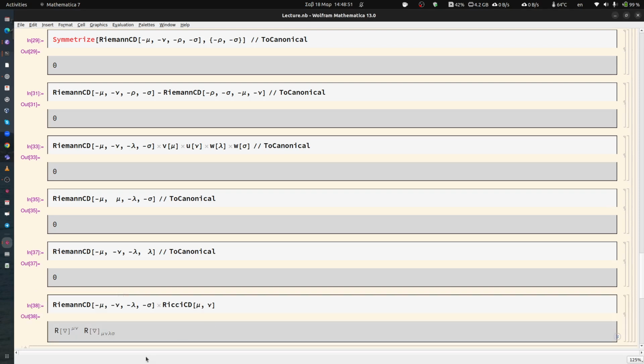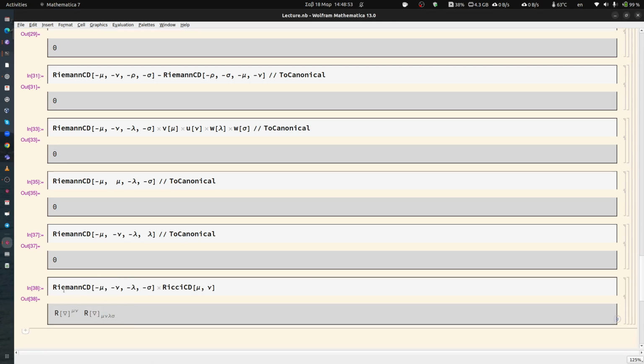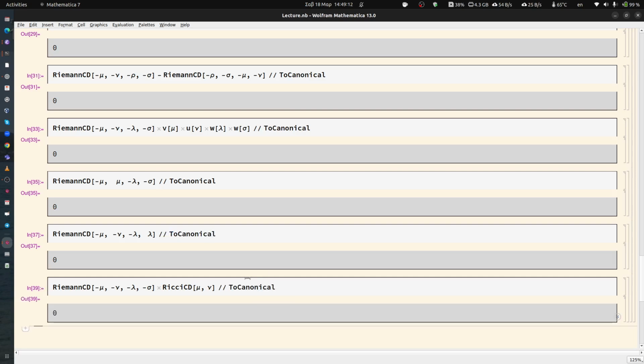Now, this expression is the Riemann tensor contracted with the Ricci tensor in the first two slots here, mu and nu. We know that the Ricci tensor is symmetric. This is antisymmetric, therefore this has to be equal to 0. And indeed it is.